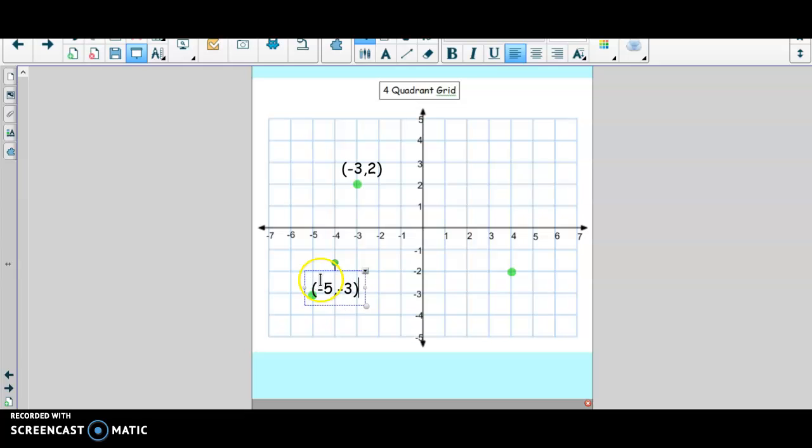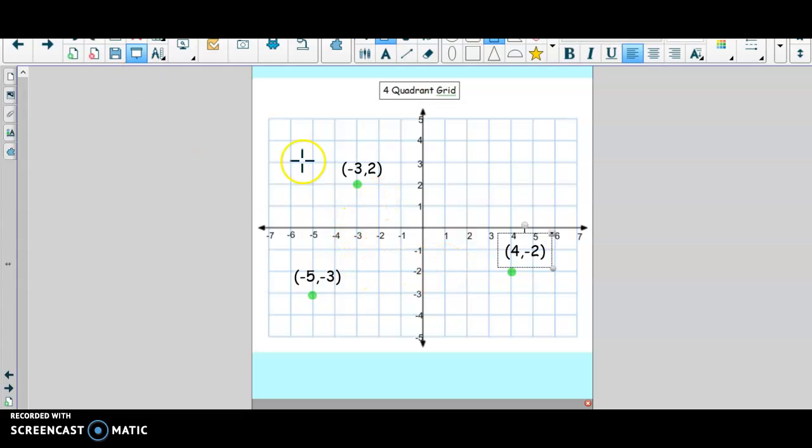We're in both negative areas of the quadrant. For this one, we're positive for our x-axis. It's 4 along, but we're negative for our y-axis. It's -2 down. So our coordinates are 4, -2. Okay, that's plotting in all four quadrants.